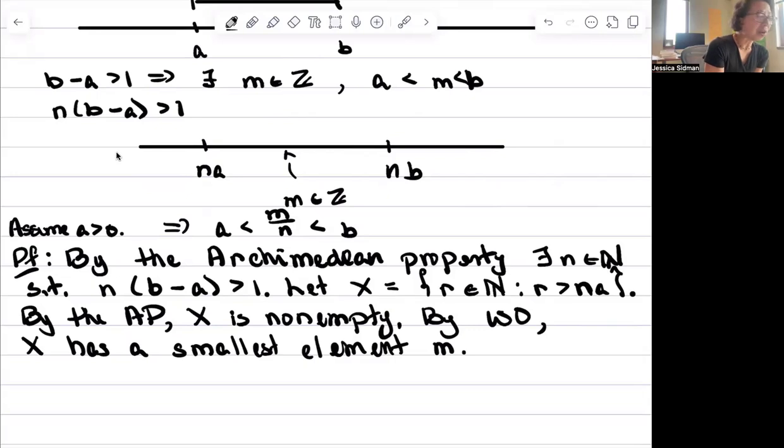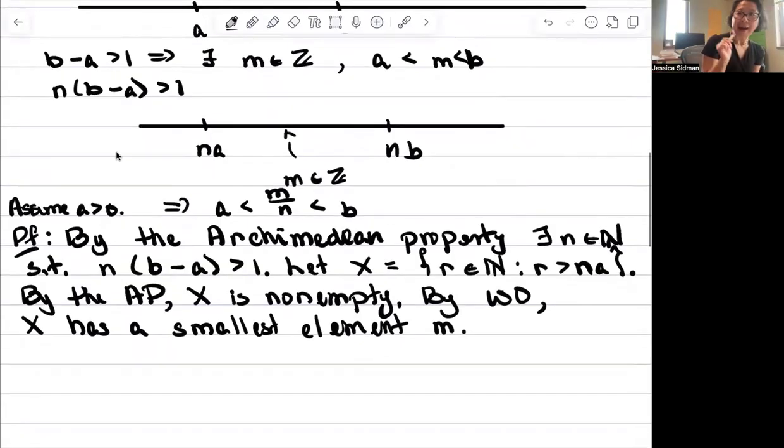All right. So there are two inequalities I need to show. I need to show that m is bigger than na and m is less than nb. I'm going to do na first because it's easier. By definition of the set X, the only way a natural number can get in the set X is if it's bigger than na.